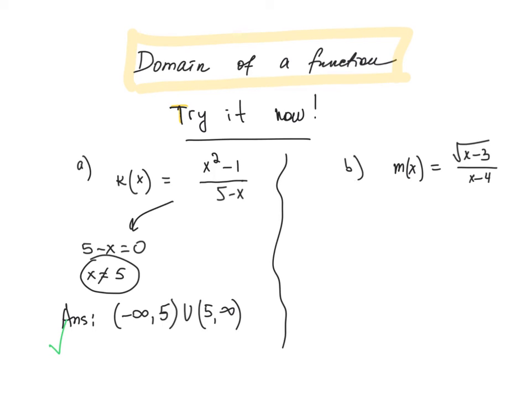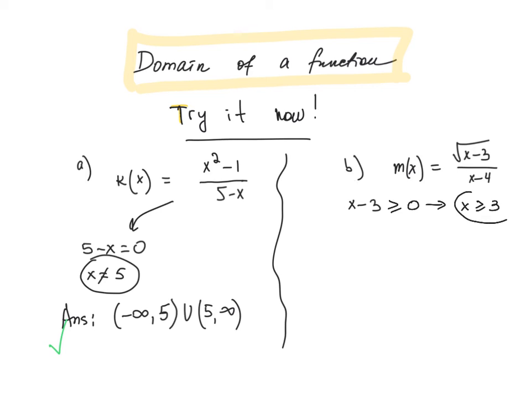So we have this numerator with the square root. You're going to say x minus 3 has to be greater than or equal to 0. First of all, it's the numerator, so it can be equal to 0, and the square root of 0 exists, so we're good. Solve it, so you get x has to be greater than or equal to 3.